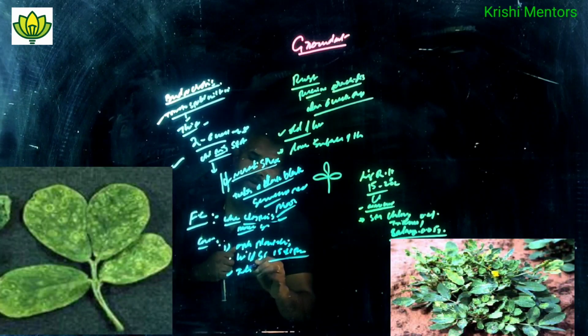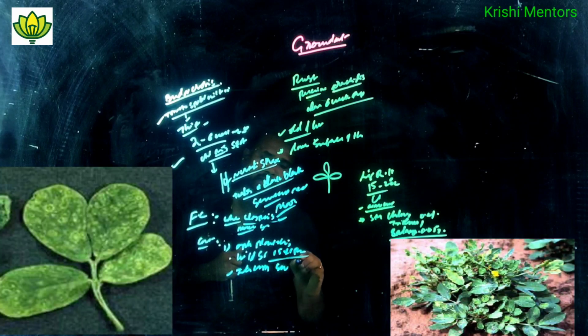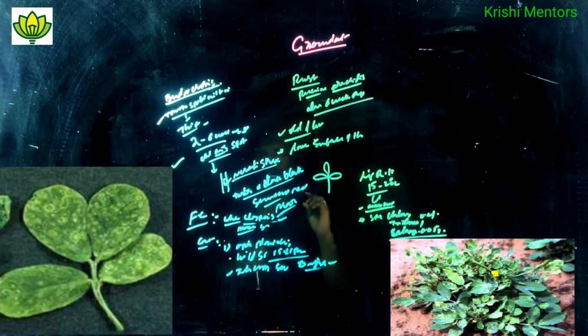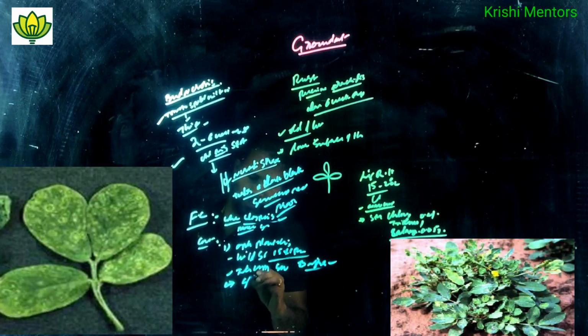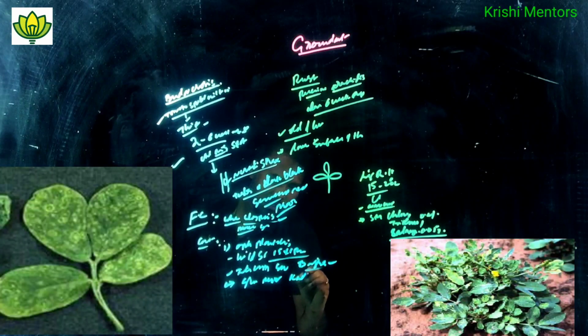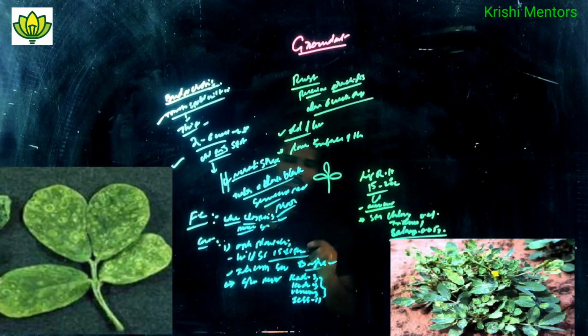Then intercropping groundnut with bajra. Growing resistant varieties: Kadiri 3, Kadiri 4, Vemana, ICGS 11. These are the resistant varieties to grow.